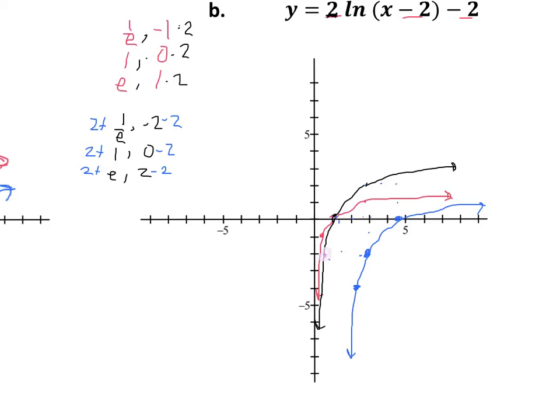Okay, and I shifted it right 2 and down 2. Then I went to this point right here, and I went right 2 and down 2. And then I went to this point right here, and I went right 2 and down 2.